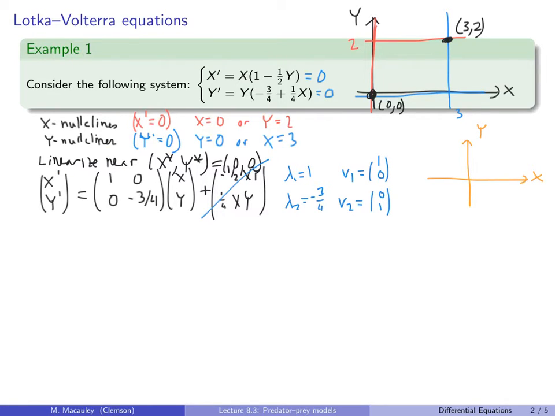Then this first eigenvector, V1, is going to be right here. And the arrows point outward because the eigenvalue is positive. And the other one, 0, 1, so this is V1, and V2 is up here, and the arrows point inward because the eigenvalue is negative.